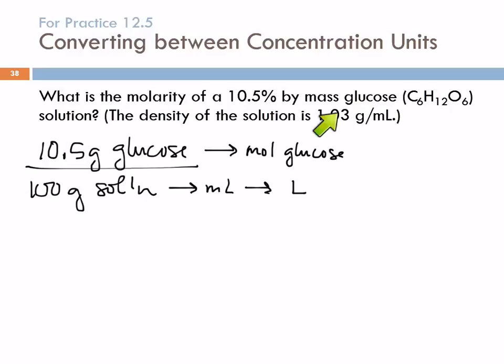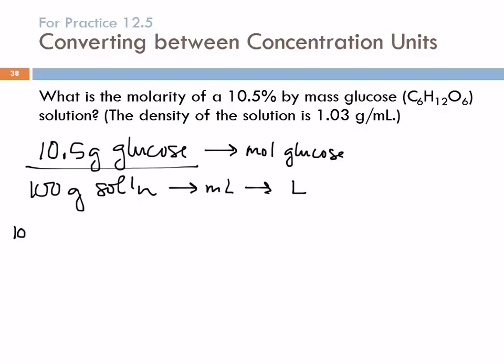I've got the density here, so I can do that. If you're not given a density for an aqueous solution, and it's not something that you can look up, then the safest thing is to assume that the density is 1.